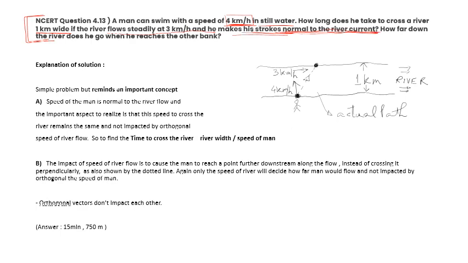So he's putting his 4 kilometers per hour speed always normal to the flow of the current. If you look at the diagram that I have drawn here, this is the man and he is making strokes at 4 kilometers per hour, which is normal to the flow. Flow is in this direction. He is making his strokes normal.